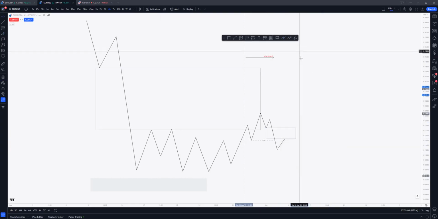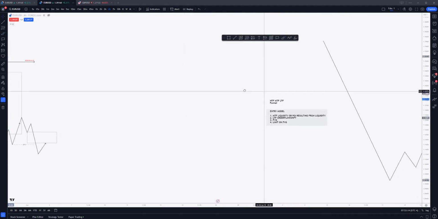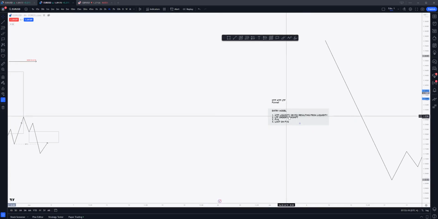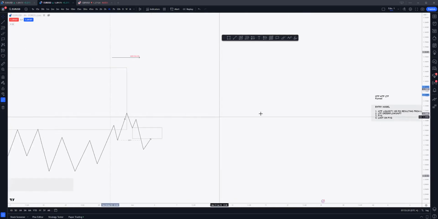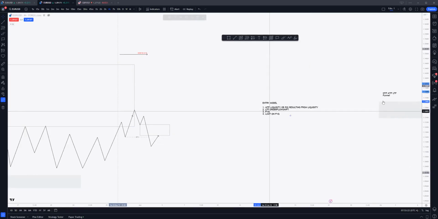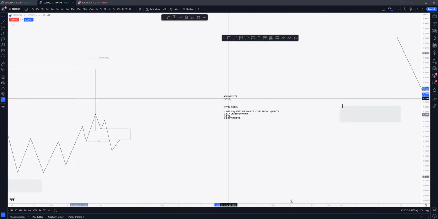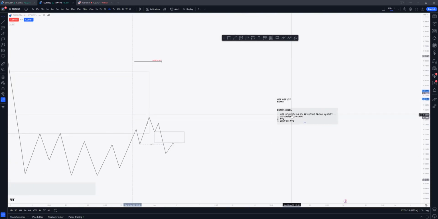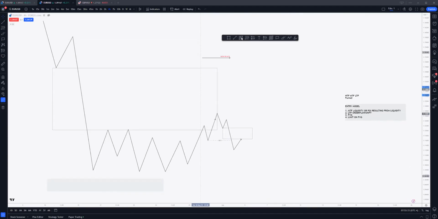So the entry model is coming to a medium time frame area of liquidity, and we're just doing the same thing again. We're looking for an order flow shift on the 1 minute and then going within that FVG. So if we look at this, it's medium time frame liquidity or a POI resulting from liquidity. So that would be this case here.